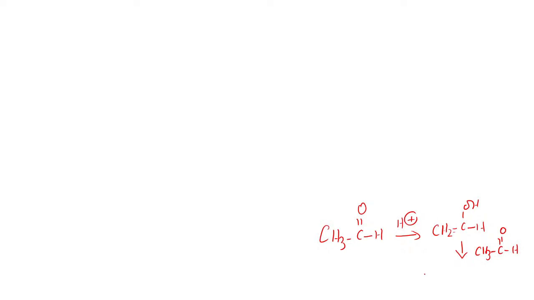If you have an enolizable aldehyde or ketone, for example, acetaldehyde, in the presence of, for example, acid, you get the enol, which can undergo reaction with another molecule to give the aldol.